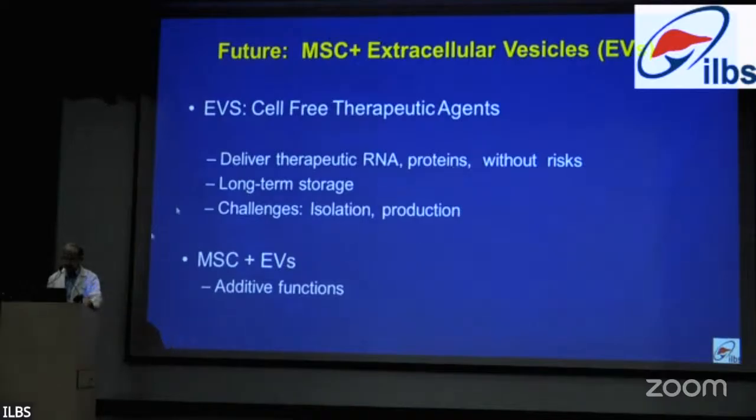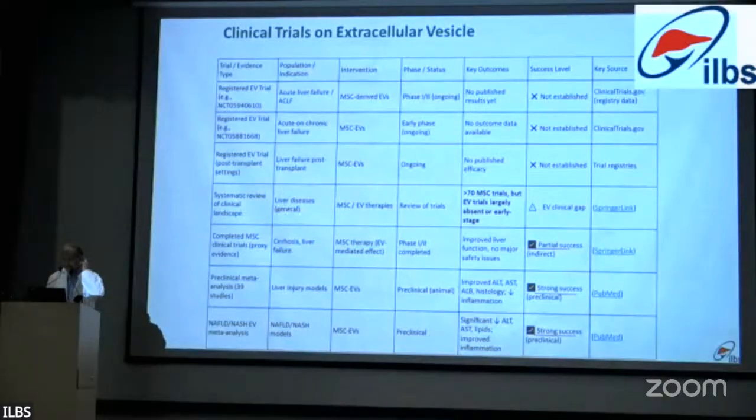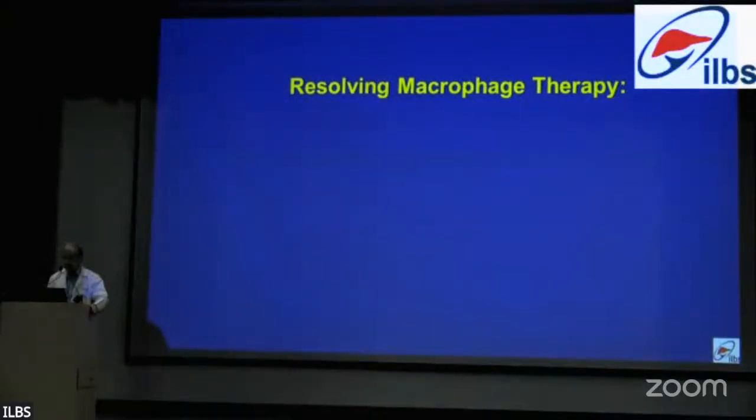So the new area is MSCs plus extracellular vesicles combined. And there are several studies underway, and we are hopefully going to start. It is still in the initial stages, but some success. So you have mesenchymal stem cells plus extracellular vesicles derived.